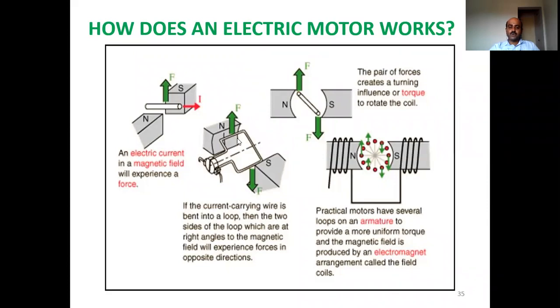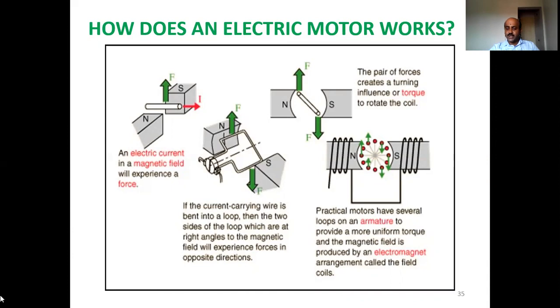These two sides will experience forces in opposite directions. You can see, across the North Pole the force is in the upward direction, and across the South Pole the force is in the downward direction.